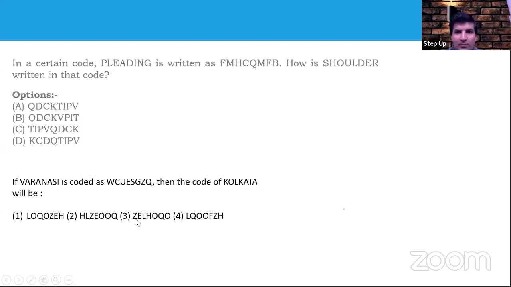Yes, hello everyone. So I think we are able to get this right. A lot of people are saying option 4. Okay. So a lot of people are saying option 4. All right. So it says in a certain code, pleading is written as, okay.